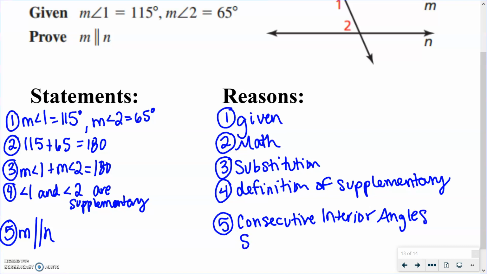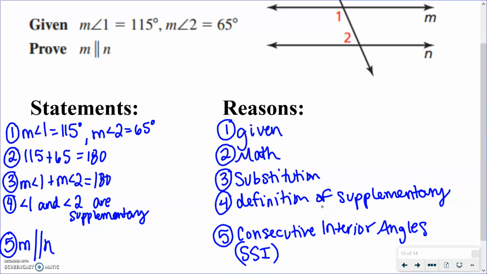Or if you wrote same side interior, that is also very acceptable. They have two interior angles on the same side of the transversal that are supplementary, and so therefore line M and line N are parallel.